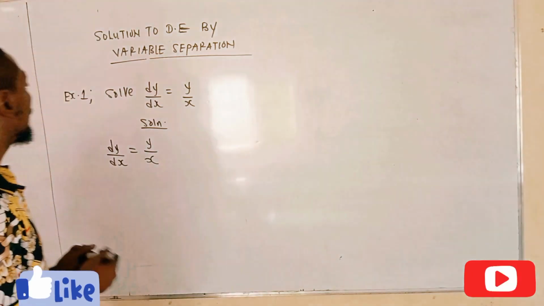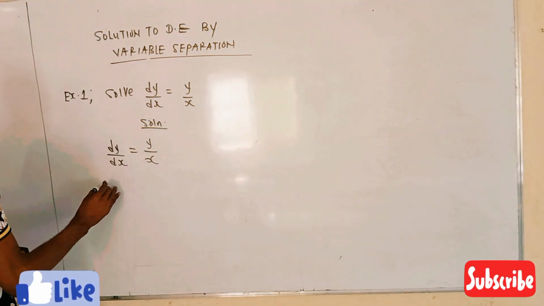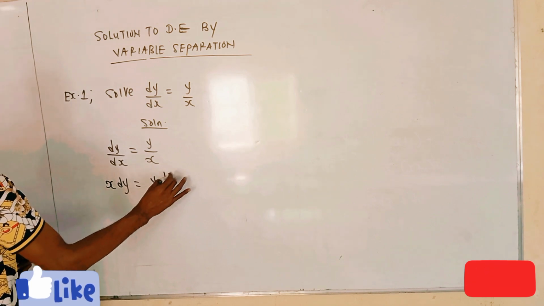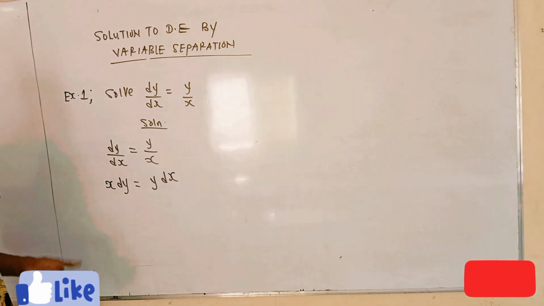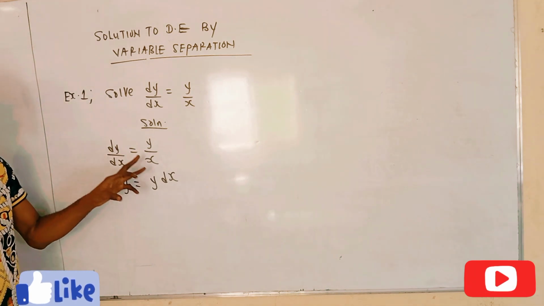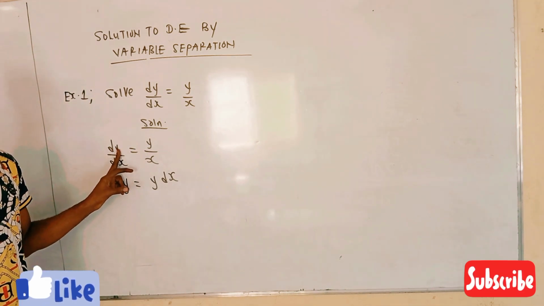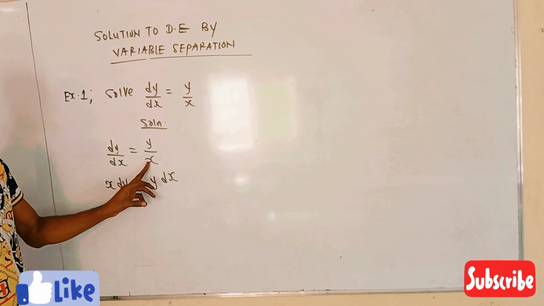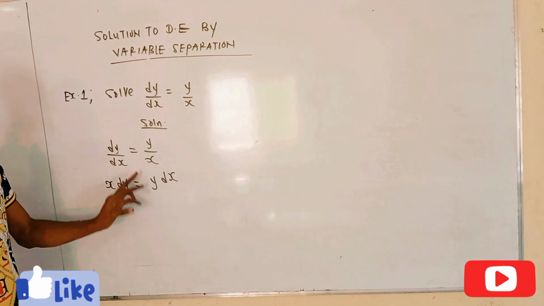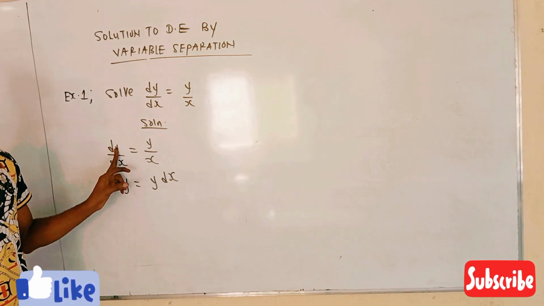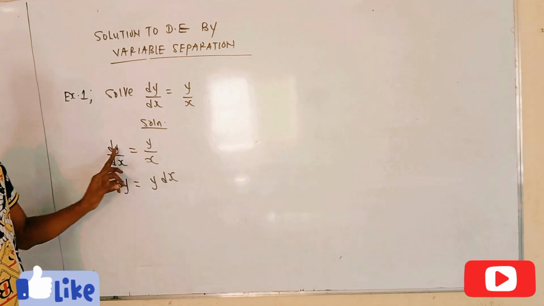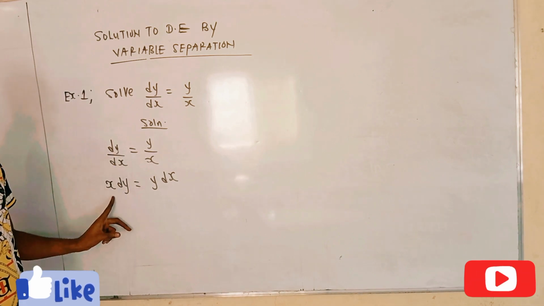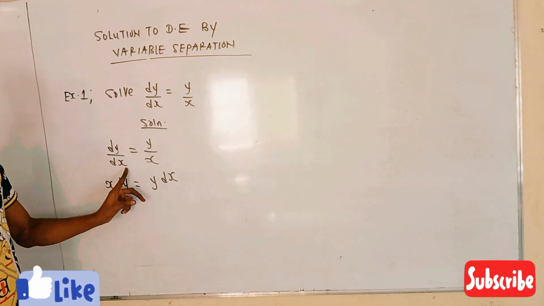In cross multiply, we have x dy equal to y dx. What I want you to understand is when you cross multiply, always ensure that you cross the differential value of y first. So I multiply the differential value of y first. So x multiplied by dy is x dy equal to y multiplied by dx is y dx.